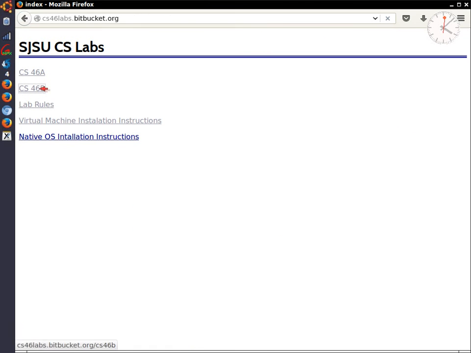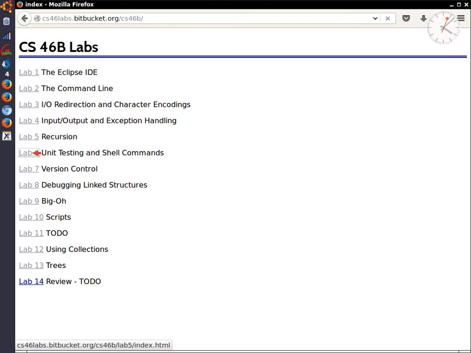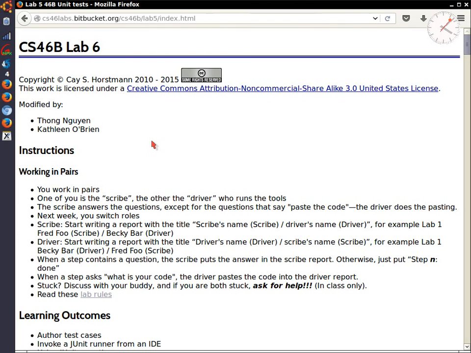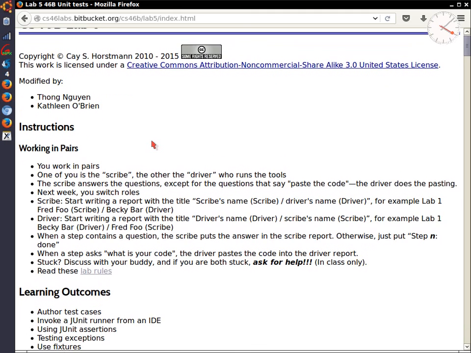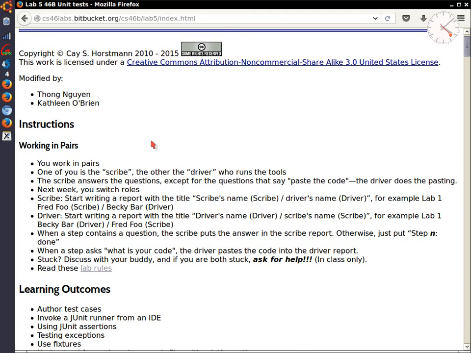So lab 6 went through JUnit and unit testing. And so I was a little surprised to see a couple of questions on Piazza that said, what the heck is JUnit? JUnit is really useful, and it's like the next level up from these testers you've seen where we said print x, print expected 25.